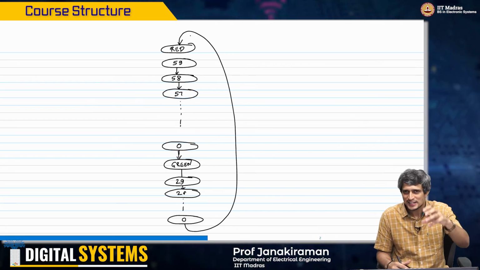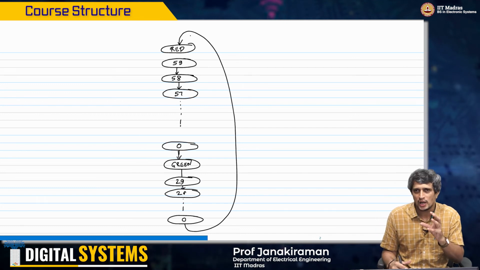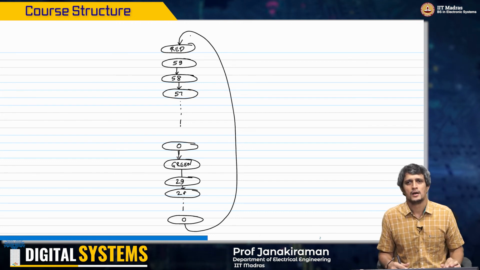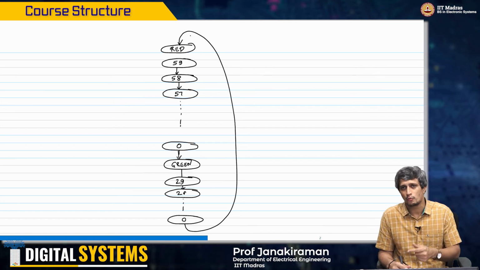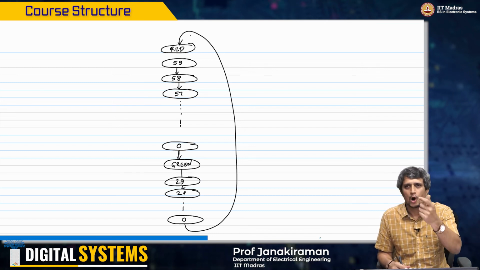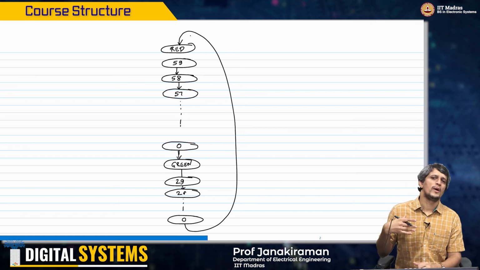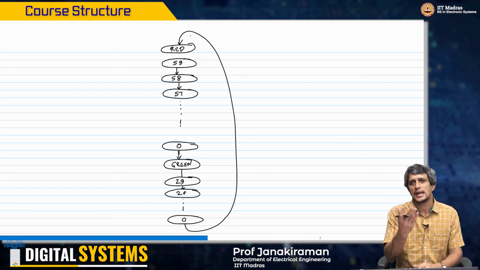So essentially what we need to do in this course is to be able to model and build such counters. For example, an interesting modification to the traffic signal counter would be to skip odd digits and count only even digits, or you may want to count prime numbers, or multiples of 3.